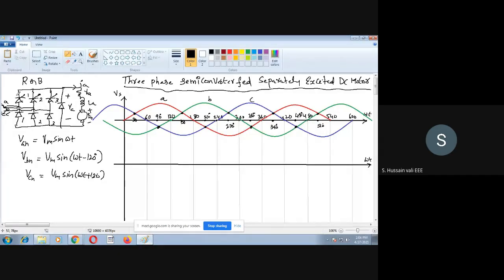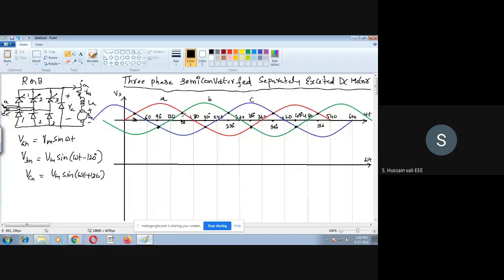So when it is on, once again it depends upon which other voltage is there. For example, if thyristor 1 is on, then what about B and C? Among B and C, which one is higher? Likewise, you cross check and you will find out the voltages you will get simultaneously.